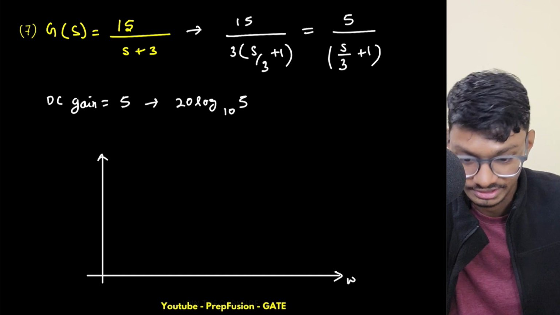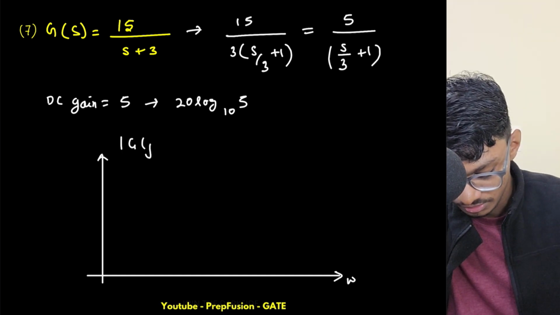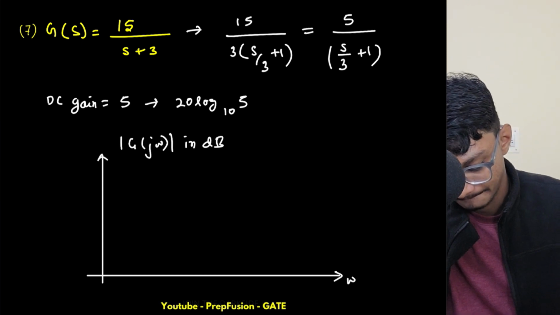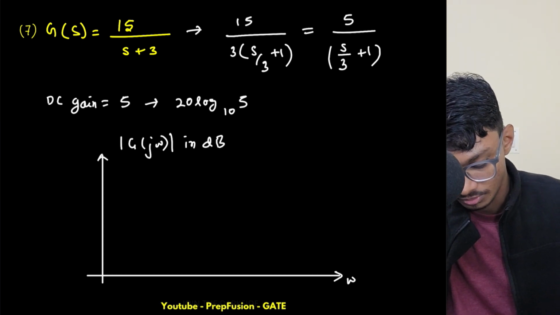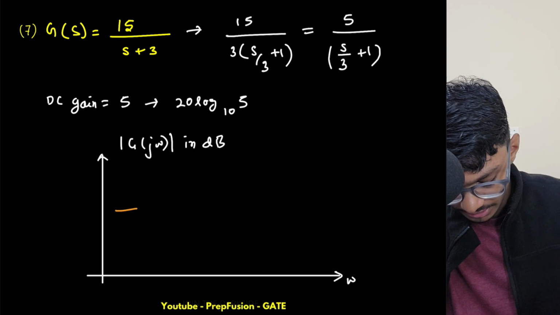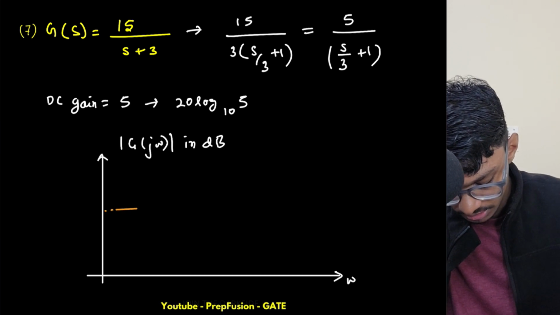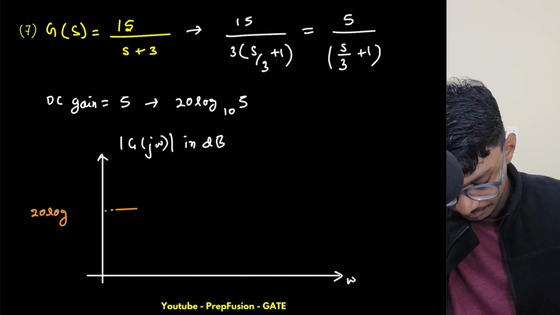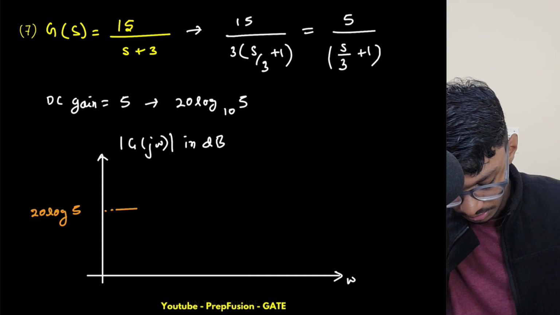Just remember, this is a log scale, don't forget this one. And the magnitude of G of j omega in dBs. Now we are starting from this point, which is 20 log 5, and we have a corner.